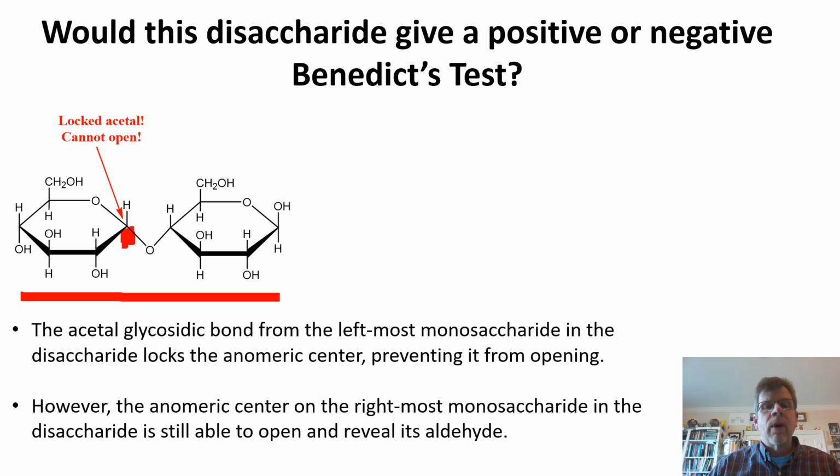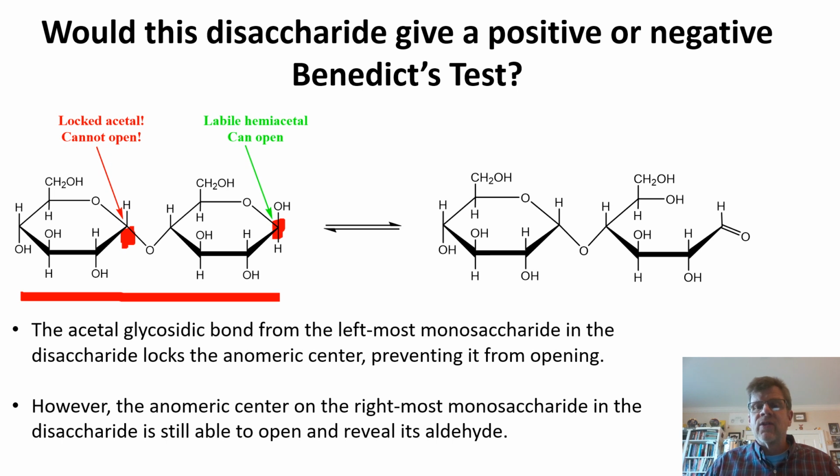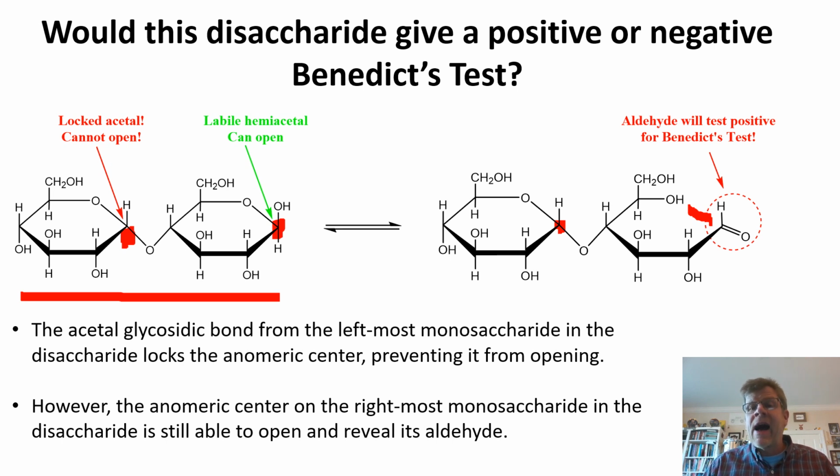However, what about this anomeric center over here on the rightmost monosaccharide? That one is still labile. It is still a hemiacetal, so it can still open up, and indeed it does. While this anomeric center on the right is now closed, it can still open back and forth. And look, here we now have an aldehyde, and that aldehyde will test positive for a Benedict's test.